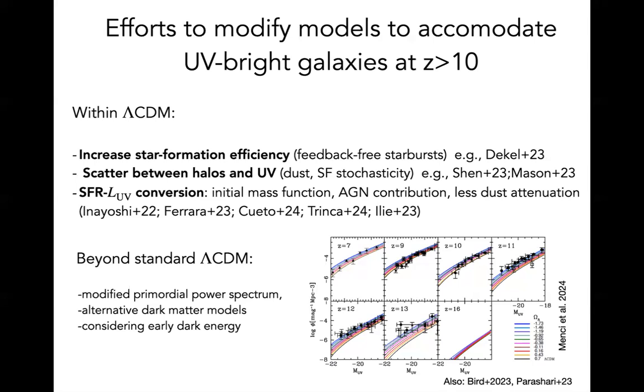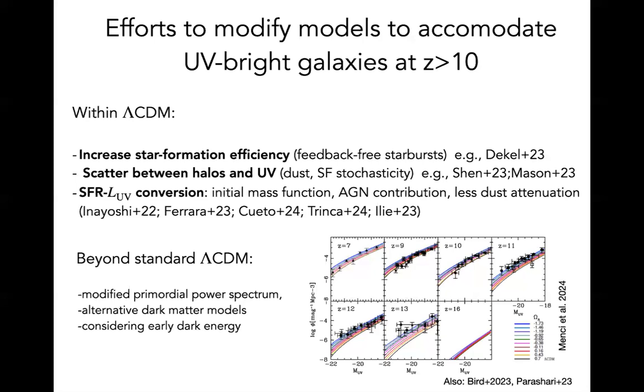Or you can consider early dark energy models. For instance, in this model, they show that by changing omega lambda, you can have different luminosity functions for these bright galaxies. So basically, you can explain this number density that we are finding.